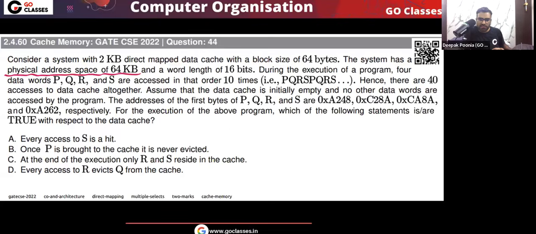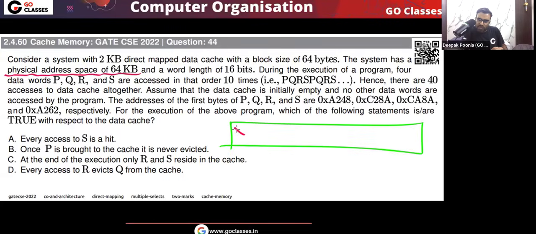If the question mentions that main memory is word addressable, then it is. But if this statement is not given, always assume main memory is byte addressable. Some students, when they see the terminology word length in the question, immediately think that the main memory is word addressable.